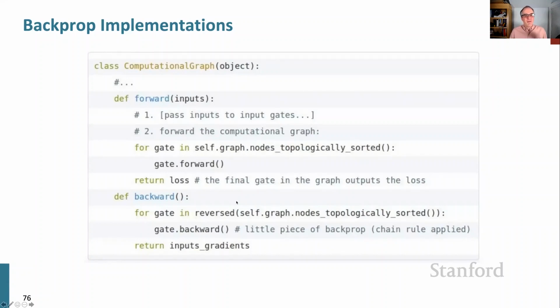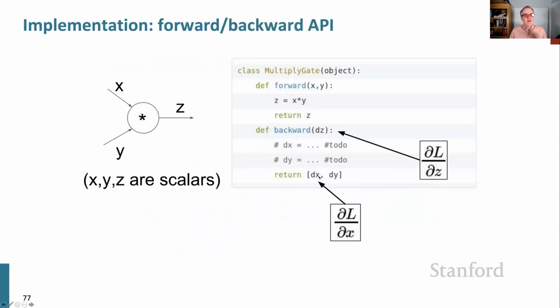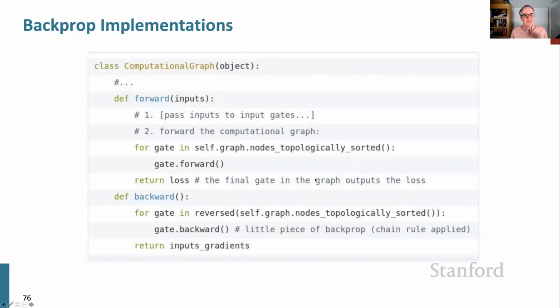And then for backward propagation, you're reversing the topological sort of the graph. And then for each node in the graph, you're running the backward propagation, which is the little bit of backprop, the chain rule at that node. And then the result of doing that is you have gradients for your inputs and parameters. So this is what the overall software runs for you.